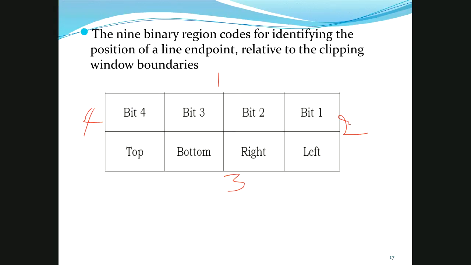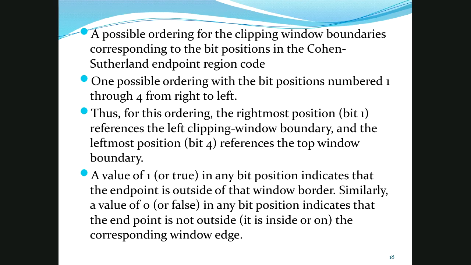That also you have to make very clear using the 4-bit code, like this, bit 1, bit 2, bit 3, bit 4. So you can make the bit regions, the bit boundaries of your clipping window. After making this, using those bit positions from 1 to 4, from right to left or from top to bottom, you can perform the clipping.